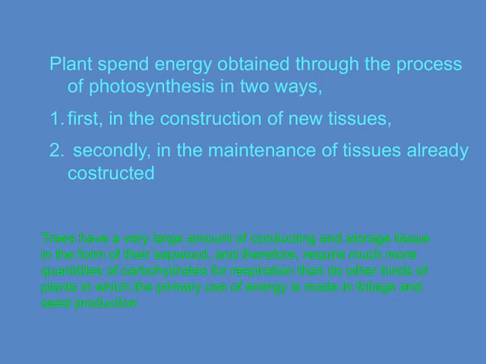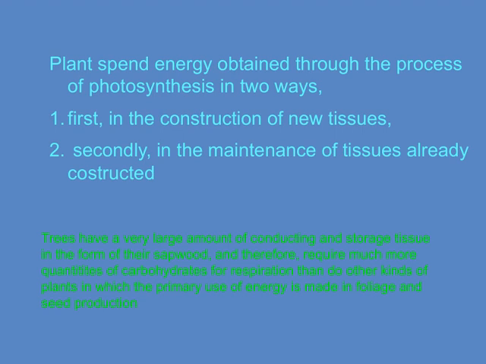Plants use the energy they get from photosynthesis in two main ways. First, they use it to build new tissues, which is essential for growth and development. Second, they use it to maintain tissues that have already been formed, keeping everything functioning properly. Now, trees are particularly interesting because they have a large amount of conducting and storage tissue, especially in the form of sapwood.